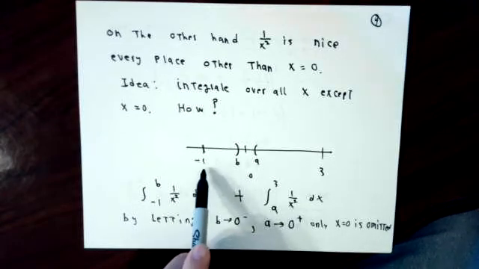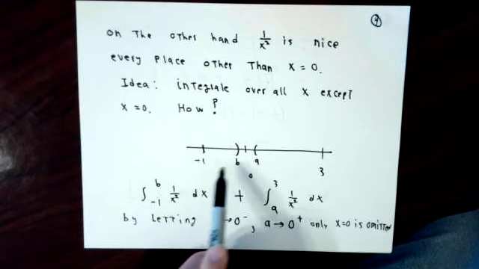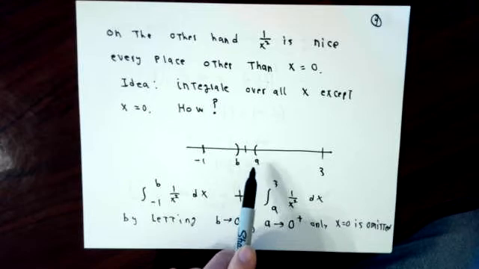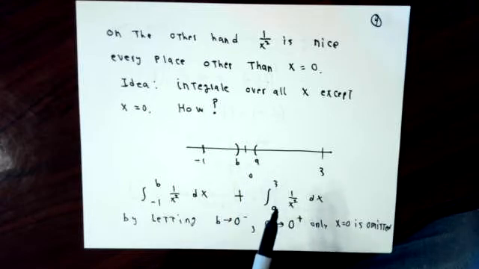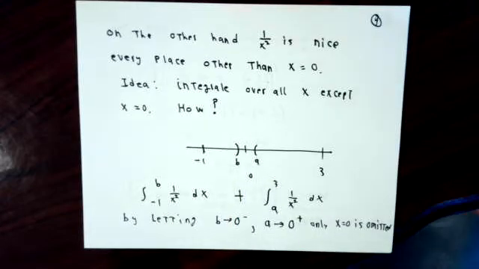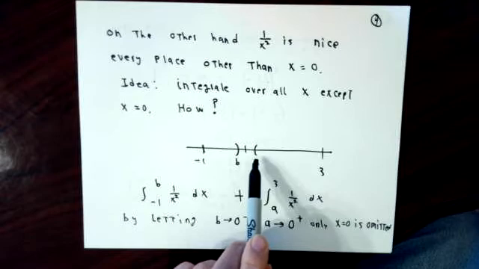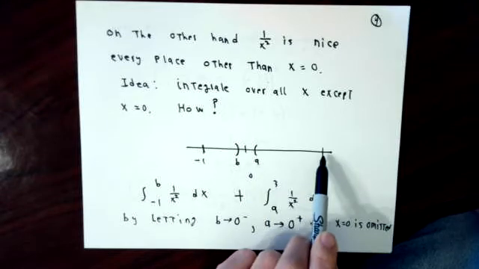So I'm going to integrate from -1 up to some number b. B is going to be negative, and in the end, I'm going to let b get close to 0. B will approach 0 from the negative side. Also, I'm going to integrate from a, which is some positive number, up to 3.